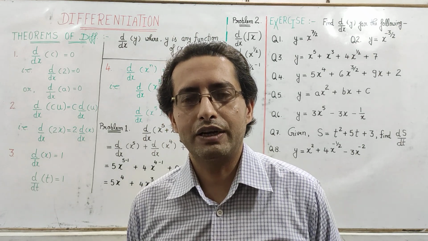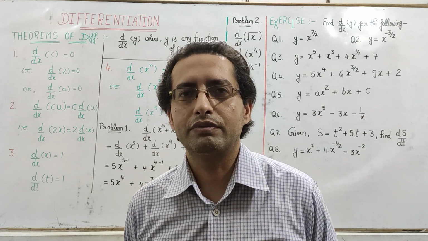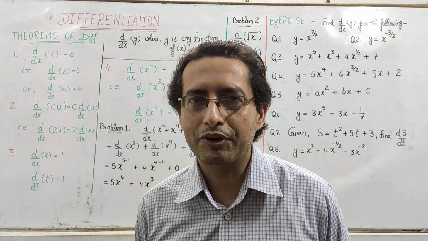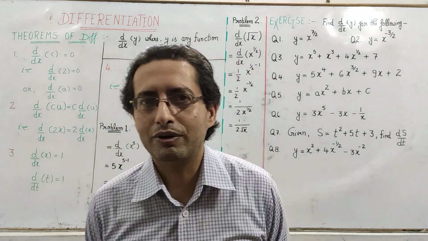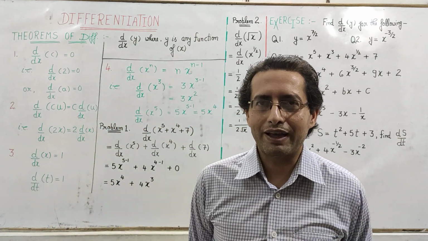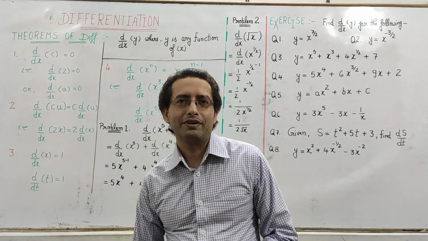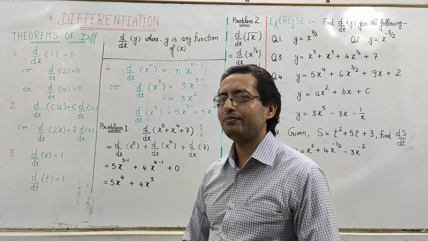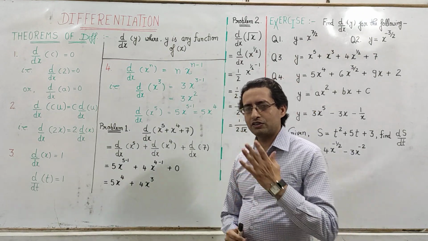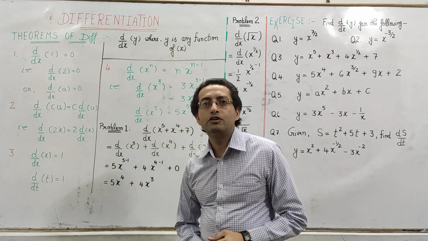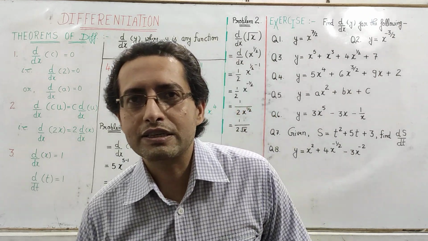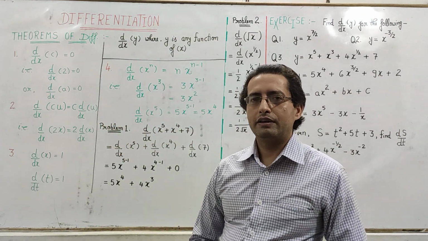So it has a few special formulas. I know it is a very new beginning for you, so you have to be very careful while solving it. We are starting with the first formula, but in the very beginning we have to find out the notation of differentiation.